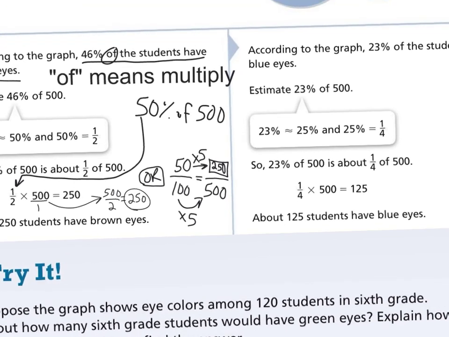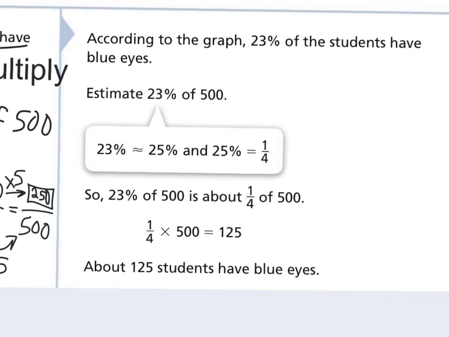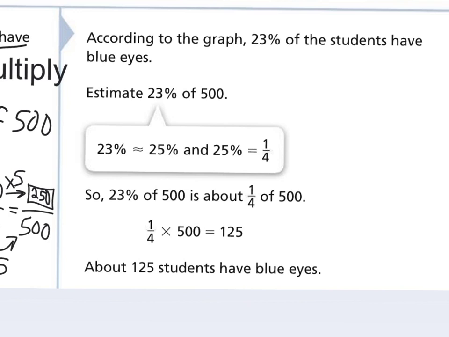So similar idea if we look at the blue eyes. Blue eyes is 23%. 23% is pretty close to 25%, which you might know is 1/4, just like a fourth of a dollar is 25 cents. And so what they did, they took 1/4 times 500 and got their answer.